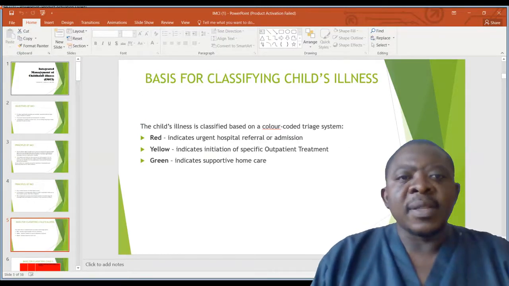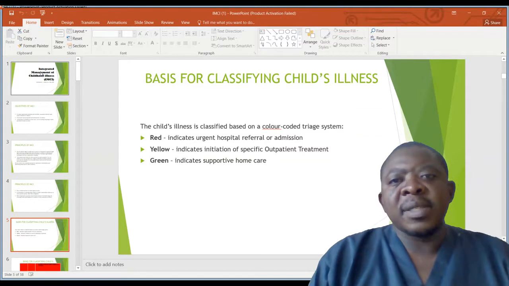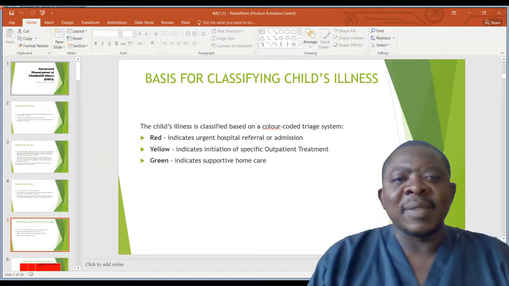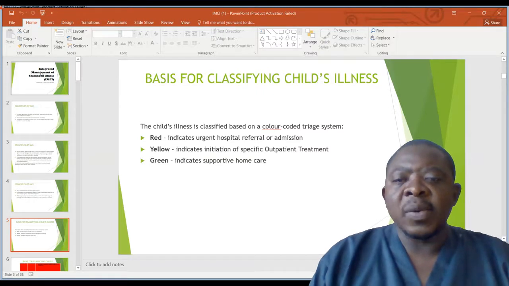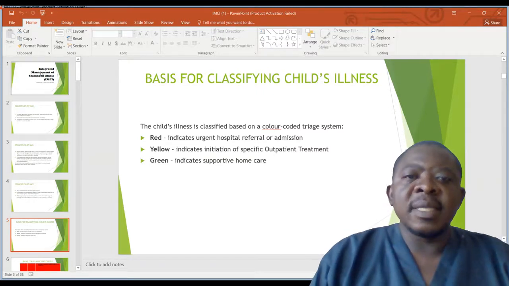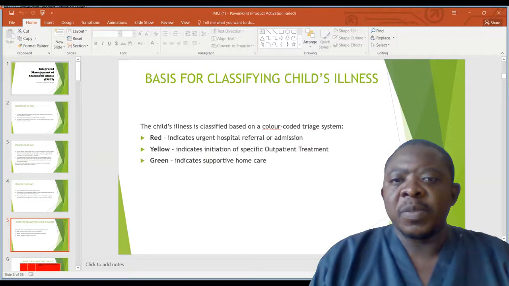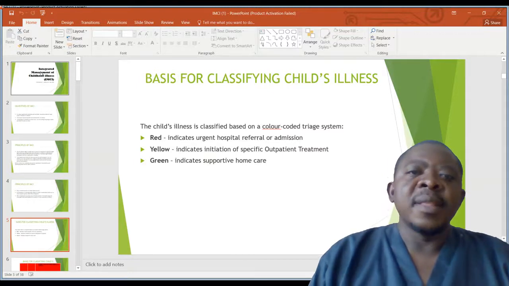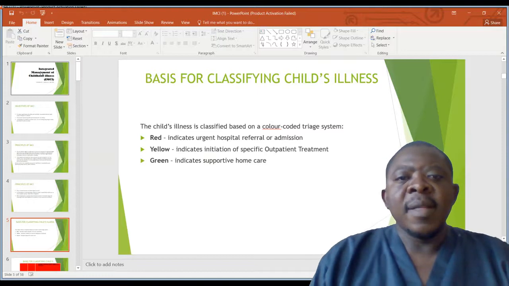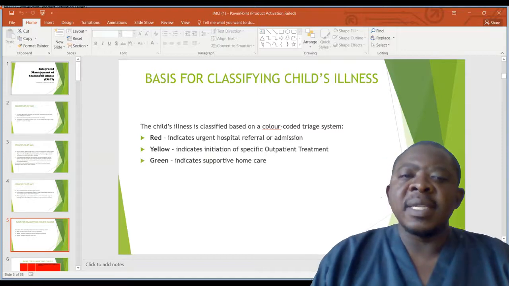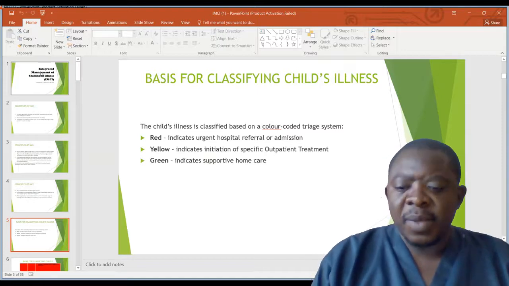Now let us look at the basis for classifying a child's illness. The child's illness is classified based on color according to the triage system. Red indicates urgent hospital referral or admission. Yellow indicates initiation of specific outpatient treatment. Green indicates supportive home care.